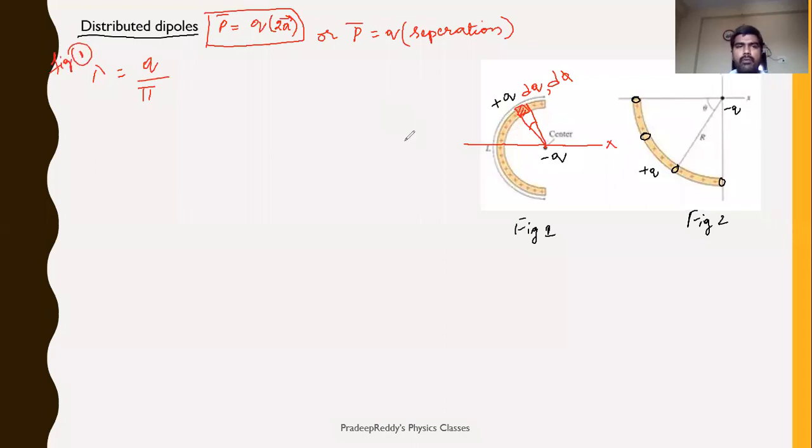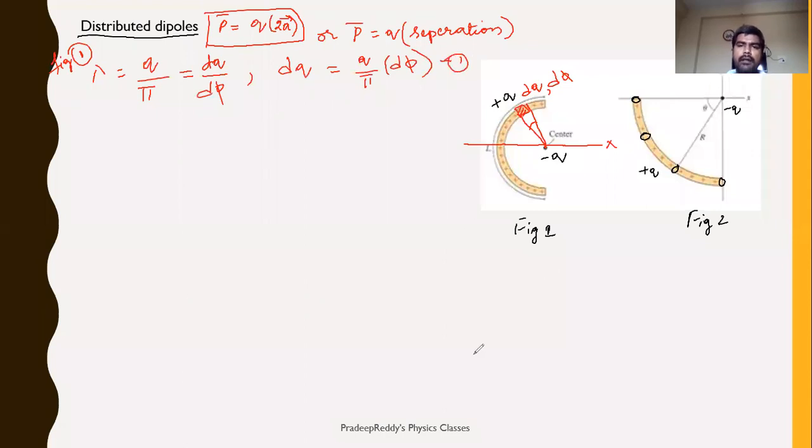I'm doing it for figure 1. So lambda is equal to dq divided by the angle subtended by this very small element, which is d phi. So here you can write dq is equal to Q divided by pi into d phi. Let me take this as equation number 1.